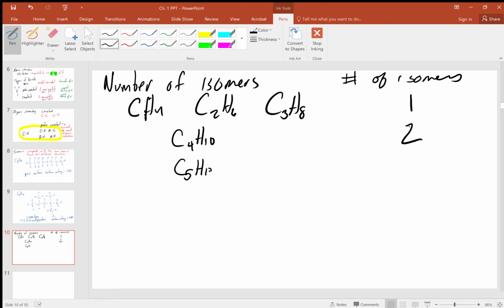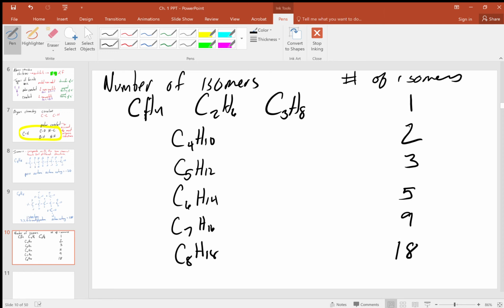And as our number of carbons go up, so does our number of isomers. At 7 carbons, we have 9 possible isomers. And at 8 carbons, which we were just working with for octane, we saw octane, we saw iso-octane, but there's actually 16 more. So what if we go up to 10 carbons?